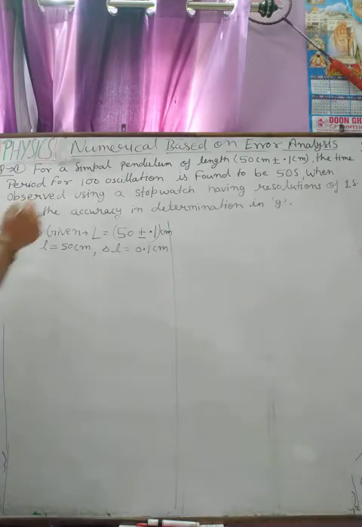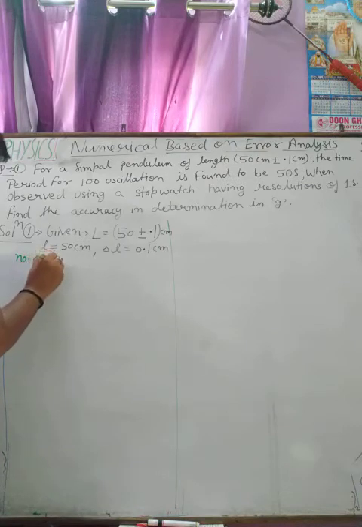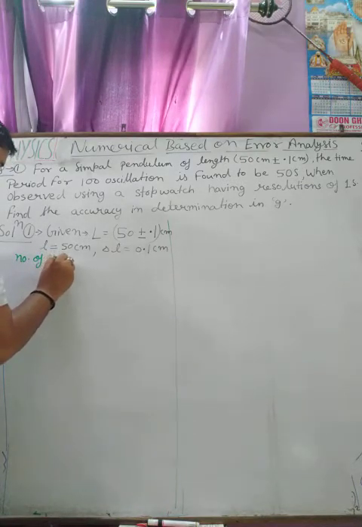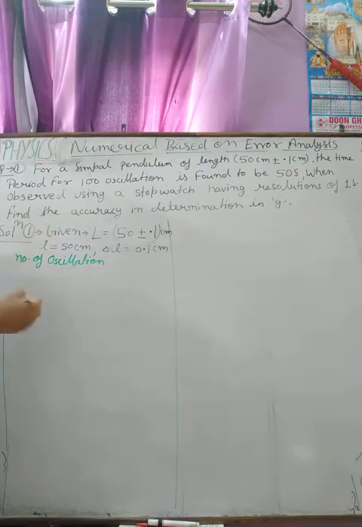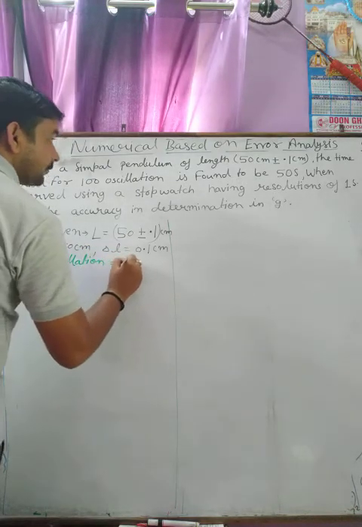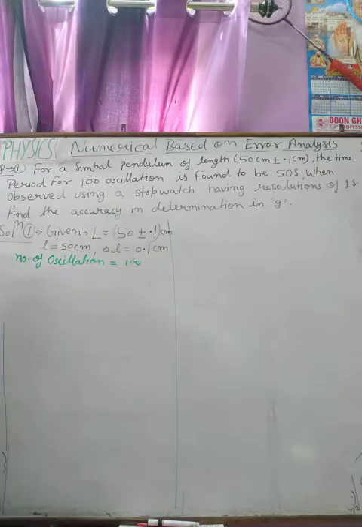Next we have number of oscillation is equal to 100 and time for the oscillation is, this is actually the frequency. Number of oscillation is frequency and time for it is 50 second.